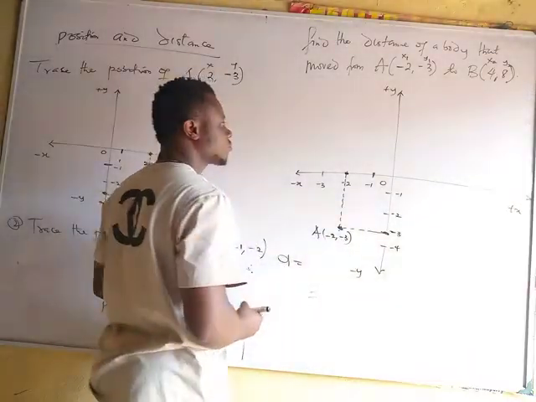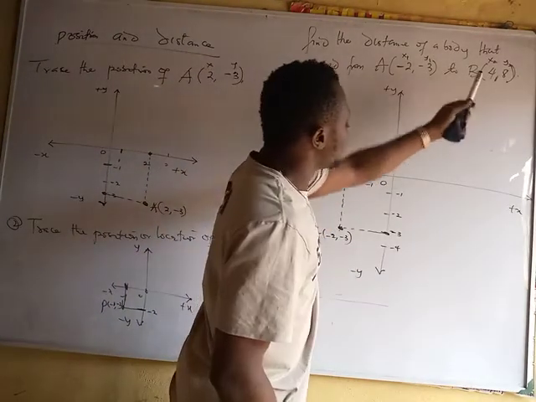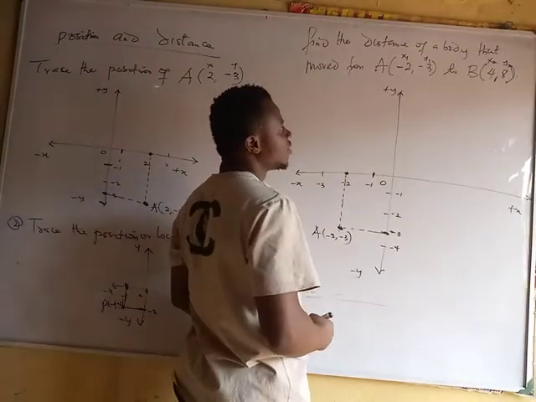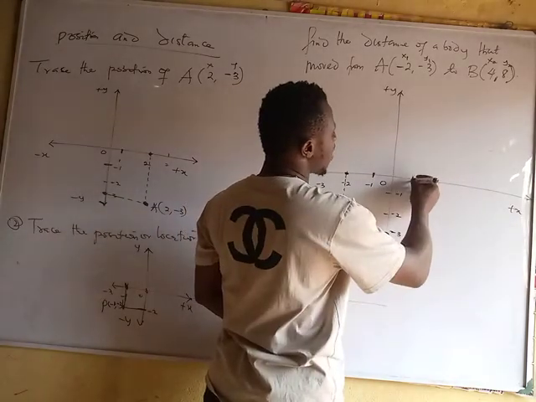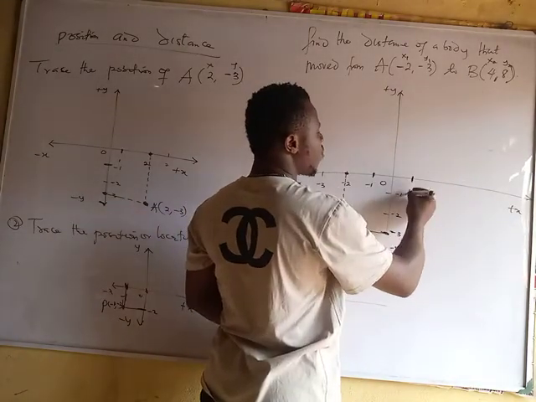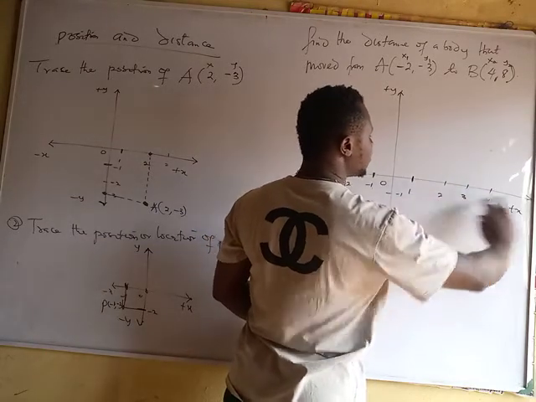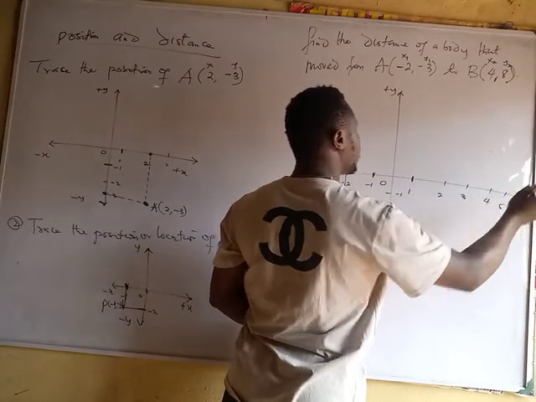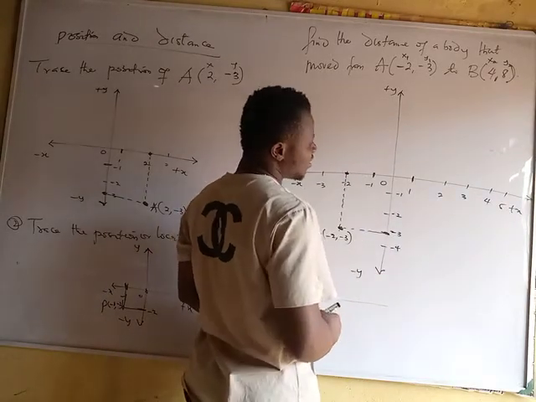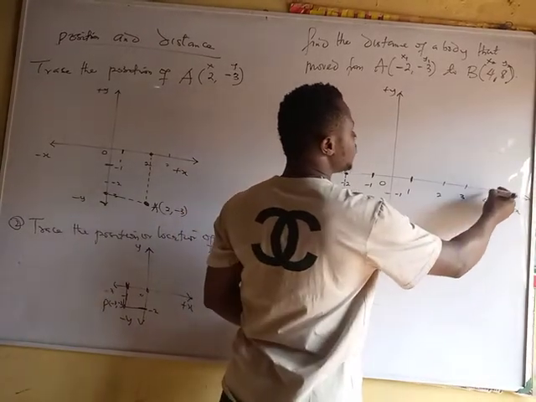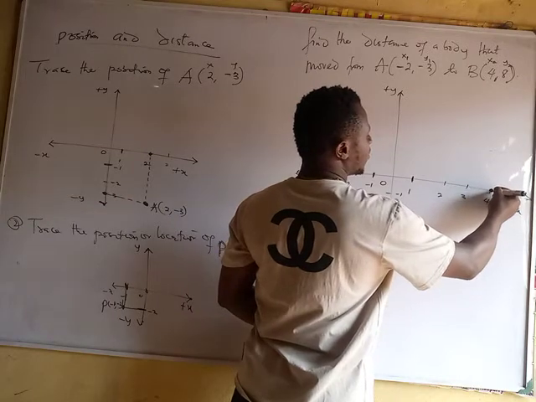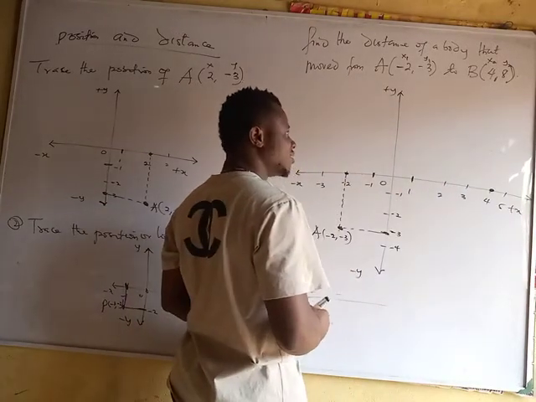Now coming to the other one, B. What is our B? Where we have positive, is positive S. So we have 1, 2, 3, 4, the positive side of it, we have 5, and so on. This is where we have the body at S axis.